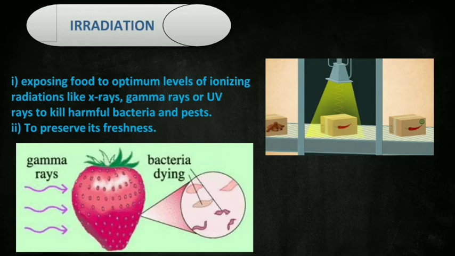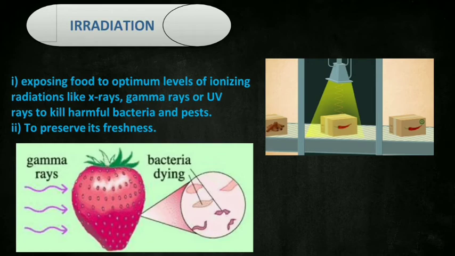Use of irradiation as a preservative technique reduces the use of chemical preservatives and antioxidants, few of which can be toxic. It significantly delays sprouting in potatoes, onions, herbs and spices.